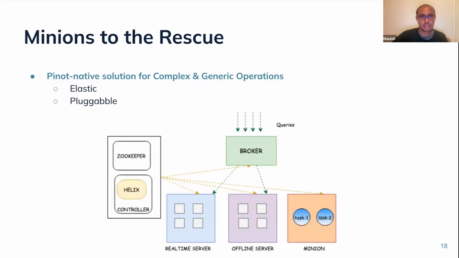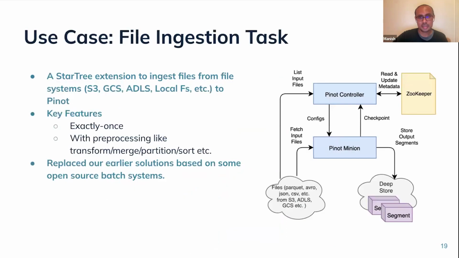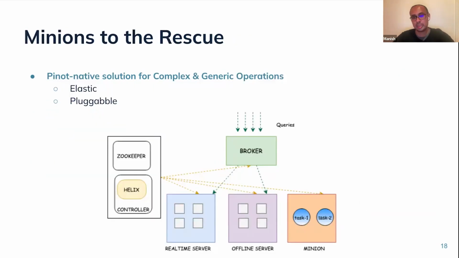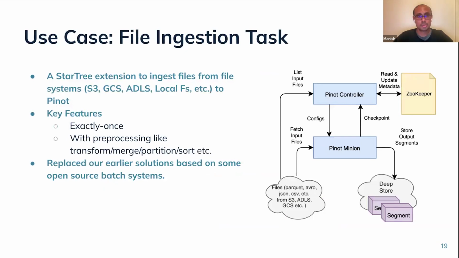So in a bit, I'm also going to explain the internals of how these Minions are actually used through the Minion framework. But before going there, I would like to share some use cases at StarTree, how we leverage Minion. So the first use case is the file ingestion task.